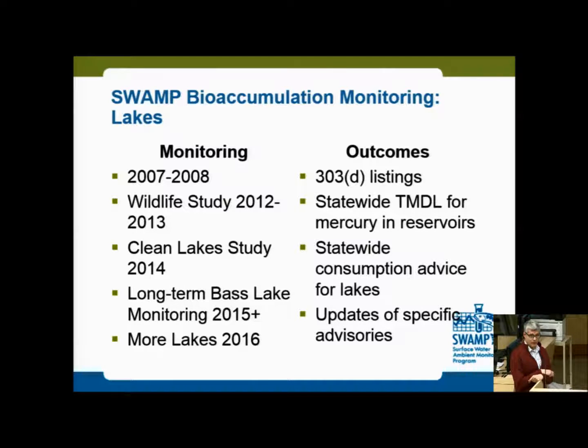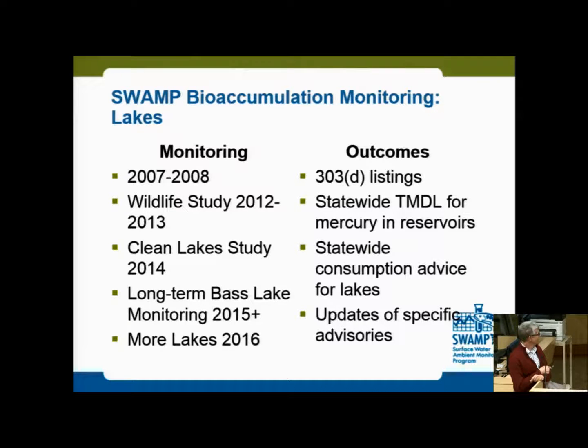There have been some significant outcomes from the work that we've been doing. There's been a lot of 303D listing. Hundreds of lakes have been added to the 303D list of impaired waters, which brings them into the regulatory fold and requires the water boards and permit holders to do something about the contamination.